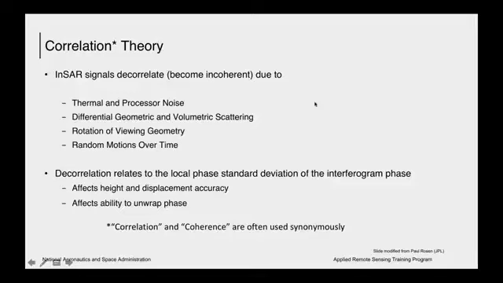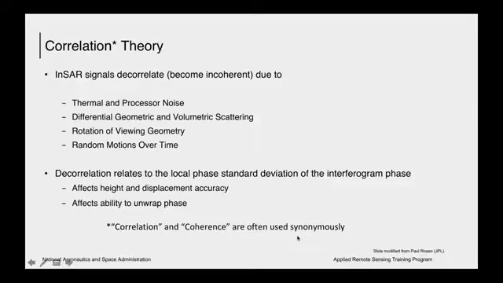And correlation is actually a way of estimating what that coherence is, because we can't actually measure the coherence directly. And so that's why we call it correlation. The opposite of correlation is decorrelation, when something becomes incoherent. If something is decorrelated, that affects the measurements of either height or displacements, and it also affects the unwrapping of phase.